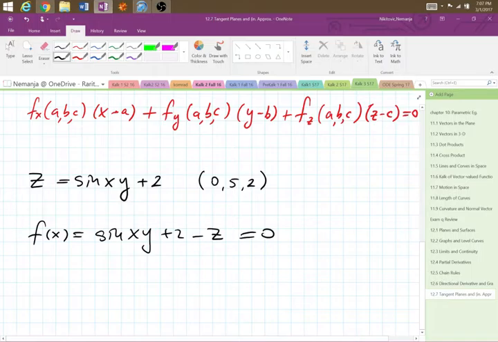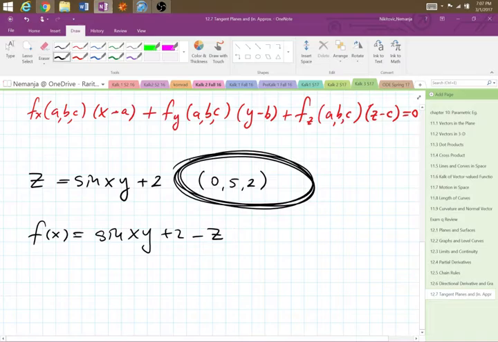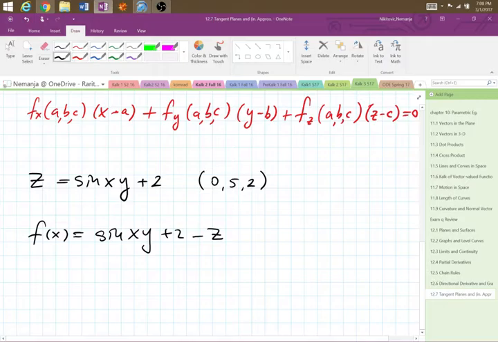I have a 3D point. And all you need to do now is to find 3 partial derivatives, compute them at these values, and just plug everything in. You're done.